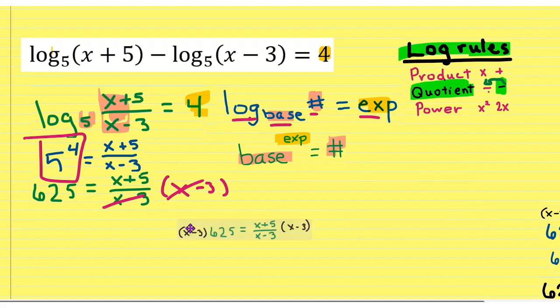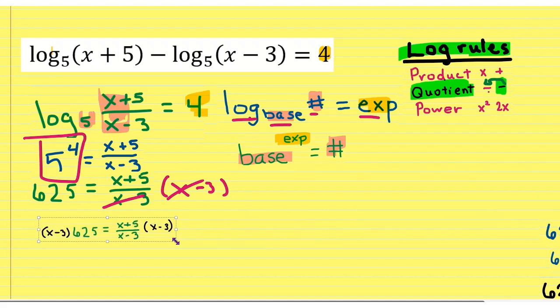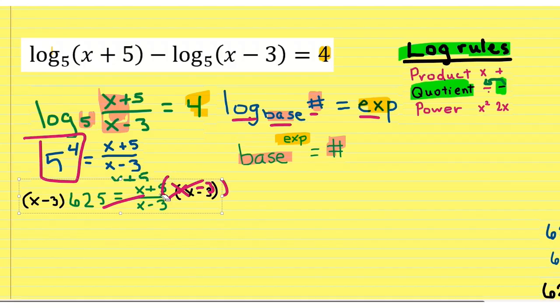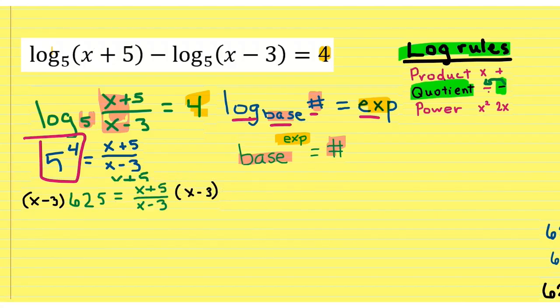So let's multiply both sides by the expression x minus 3. That allows me to cancel out x minus 3, and now I have x minus 3 times 625 on this side. Using order of operations, I'm going to distribute that 625 into the parentheses.